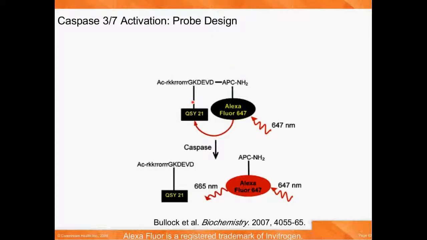That energy is then non-radiatively transferred to the QSY21 quencher, where it's then radiated away as heat rather than emission light. In the presence of active caspases, the fluorophore diffuses away from the quencher, is excited by 647 nanometer light, and then emits its normal 665 nanometer fluorescence, which can be detected as an optical signal.